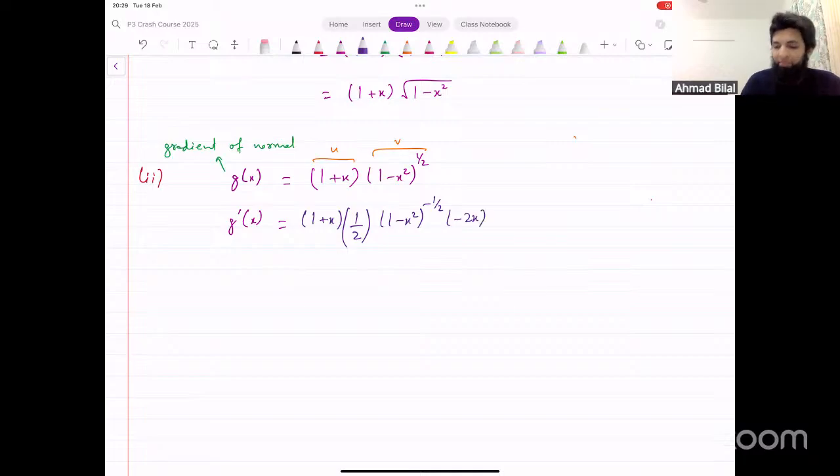Plus 1 minus x squared whole power 1 over 2 as it is into derivative of 1 plus x, that's 1. All right. Now we simplify this and then put this equal to 0.